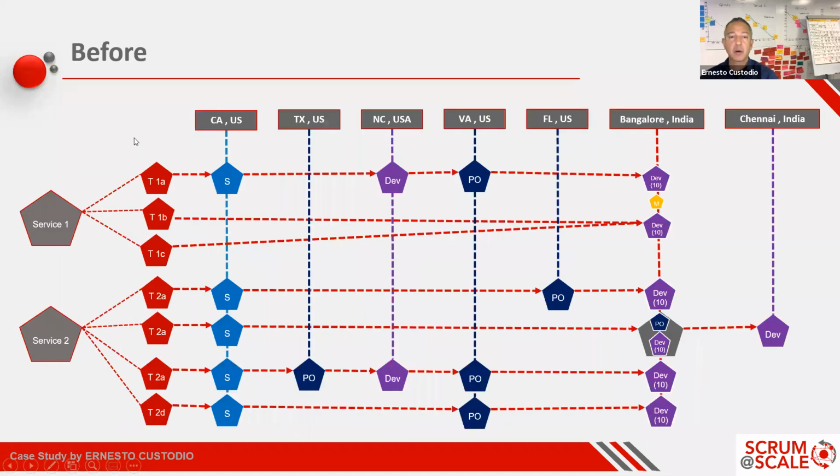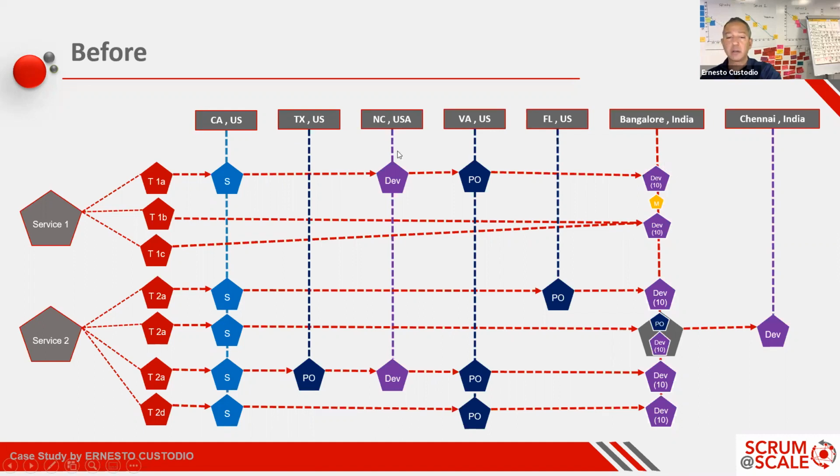we started out with an organization that was highly distributed and the roles were all over the place. The 2 primary services were organized by teams that essentially provided a different structure that were not consistent with different teams. So as you can see here, team 1A had a stakeholder in California, had a developer in North Carolina, had a PO in Virginia, and then there were the developers here.